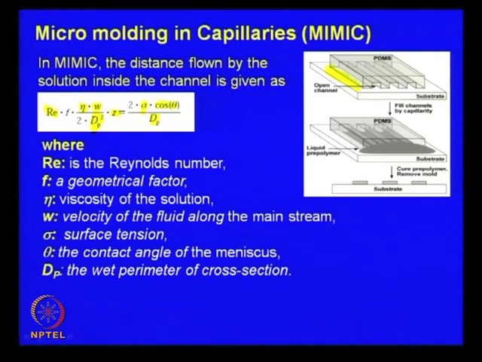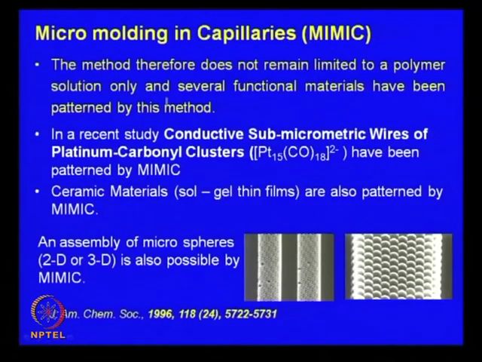Theta, gamma, eta are fluid properties, dp depends on the geometry of the system or the configuration of the stamp. f is a geometrical factor which assumes some specific value depending on the scenario. Reynolds number also contains d v rho by mu, so you have v, the velocity. You get an equation in terms of v squared, which you can solve for v to get an idea about the filling rate, or the velocity at which the filling is going on.